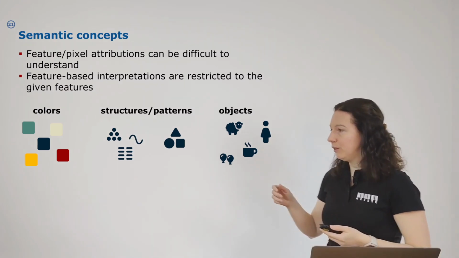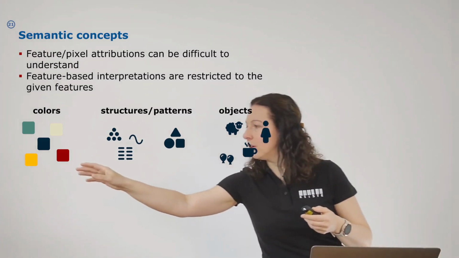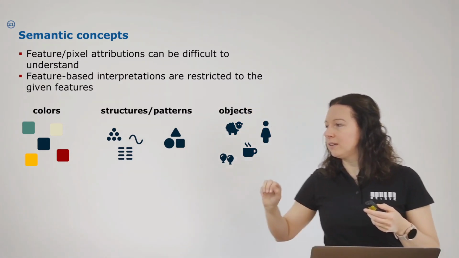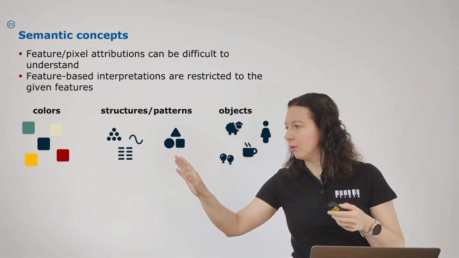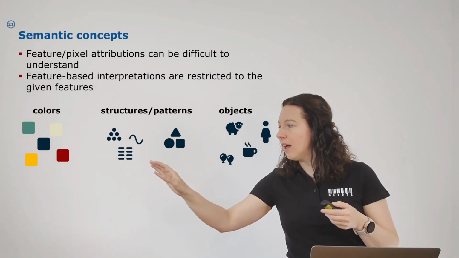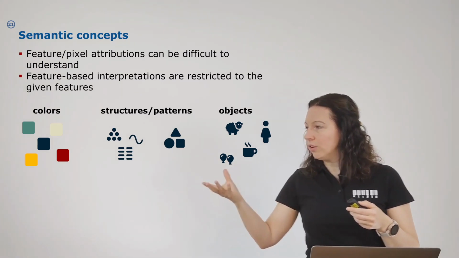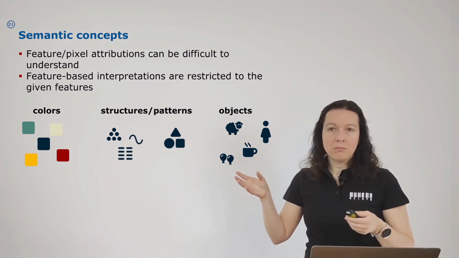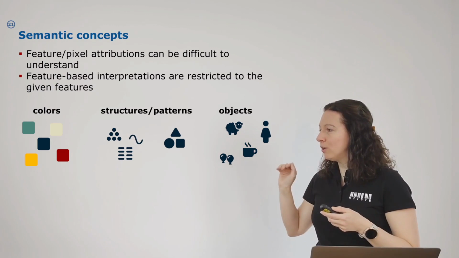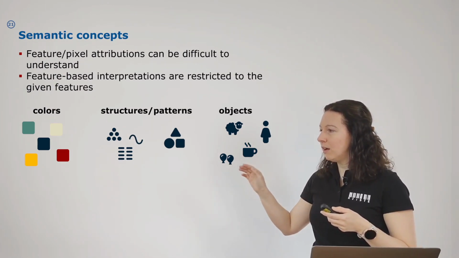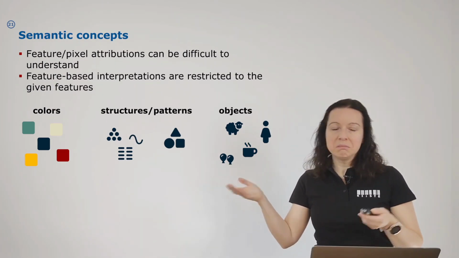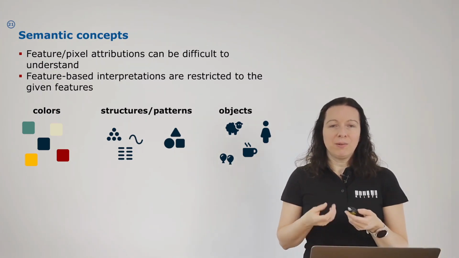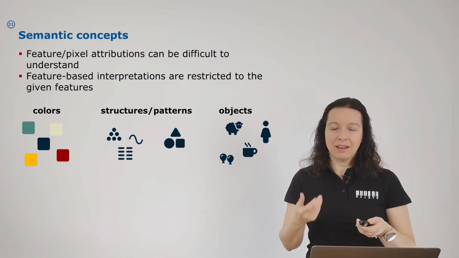For example, what you see here are color concepts, structures or patterns, such as lines, waves, dots, or it can even be objects. So you have a sheep concept, a person concept, or a balloon concept. Everything you can think of with any semantic meaning behind it can be a concept.